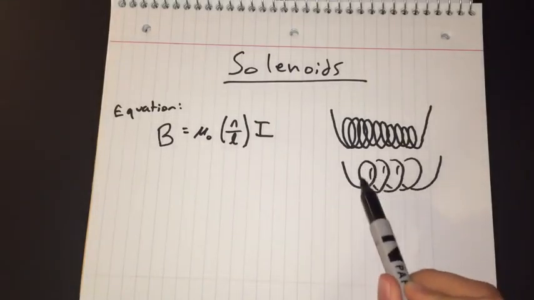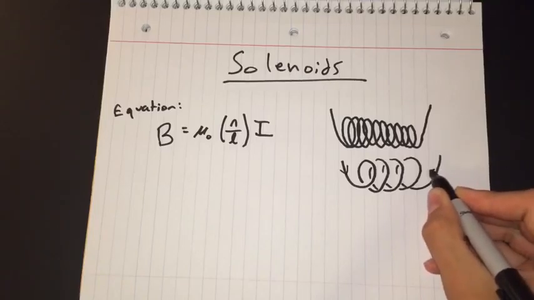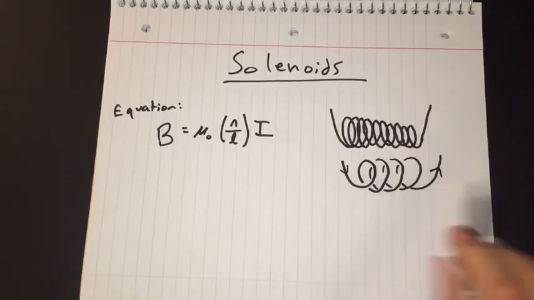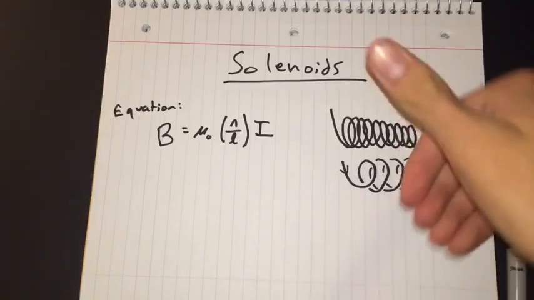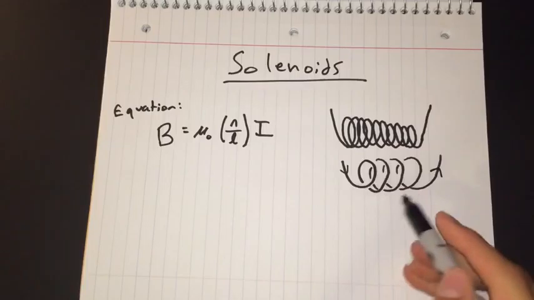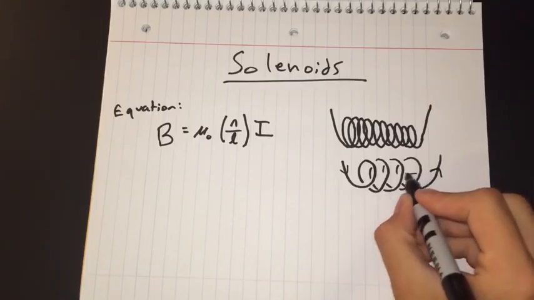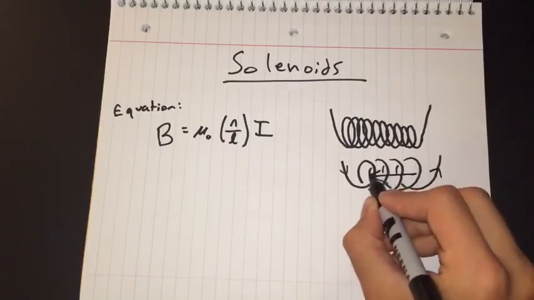So if you have this solenoid, the current is going this direction. You'll see that the current all the way around is producing a field that is in this direction.